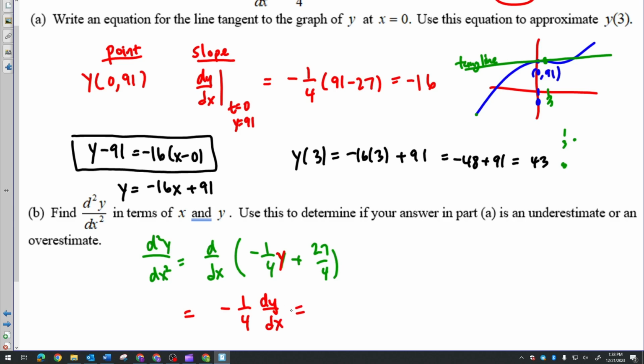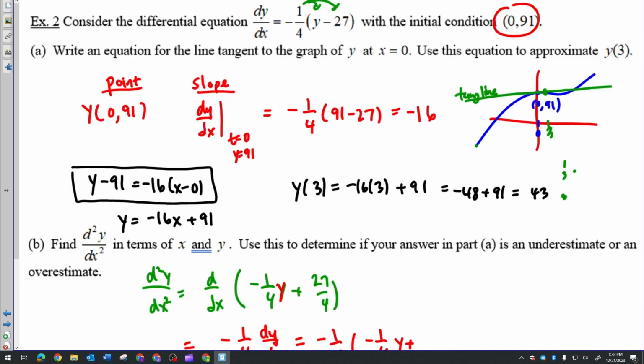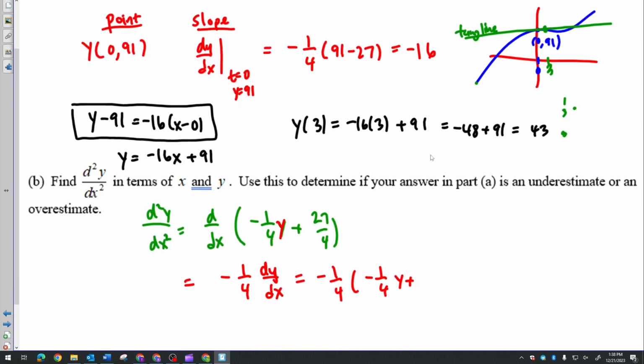But what is dy dx? I know what dy dx is. dy dx is equal to negative 1/4 y plus 27 over 4, or I could just copy this, negative 1/4 y minus 27. Either way, same thing. I just need to know if this is positive or negative at the point 0, 91. So at x equals 0 and y equals 91, is this number positive or negative?